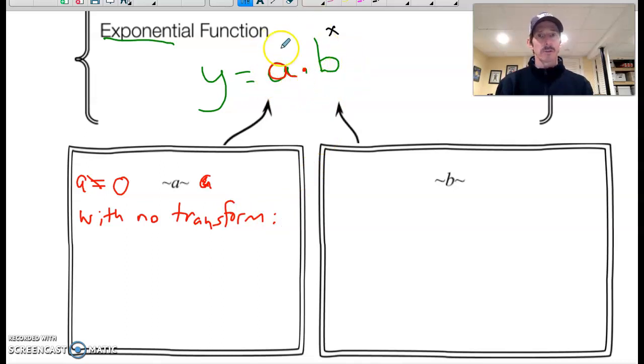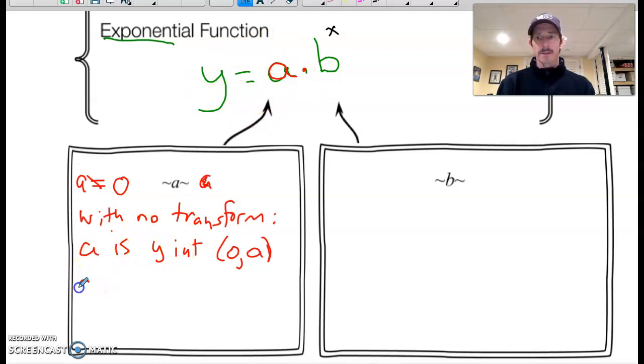At this stage right here, if it looks like this, A is your y-intercept. That's pretty exciting news, which means when I put a 0 in, I get out A. And the reason is if I put a 0 up here as an exponent, anything to the 0 power equals 1. So this would just become A times 1, or A. So A is your y-intercept.